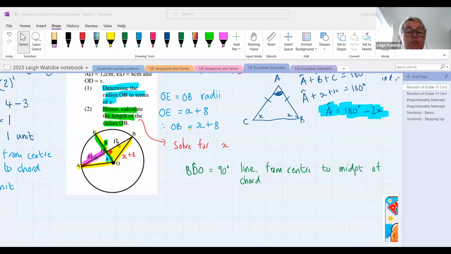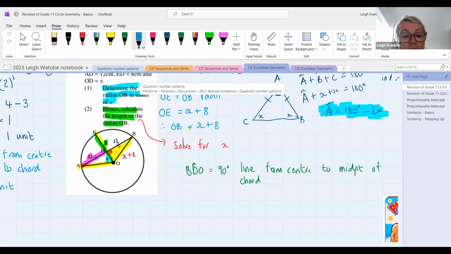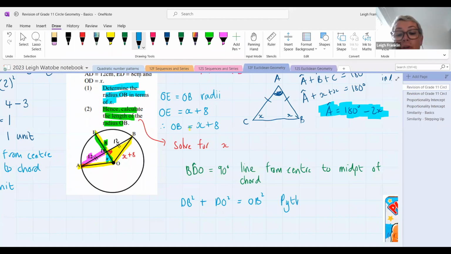Now that we know that this is a right-angled triangle, we are allowed to do the theorem of Pythagoras. So we say that DB squared plus DO squared is equal to the hypotenuse squared, which is OB squared. And we give our reason: we are saying this because of the theorem of Pythagoras.